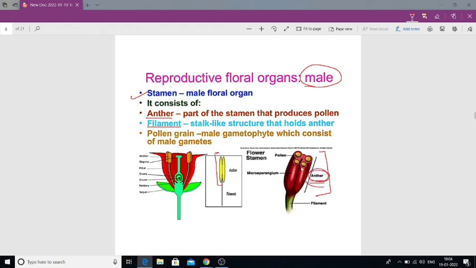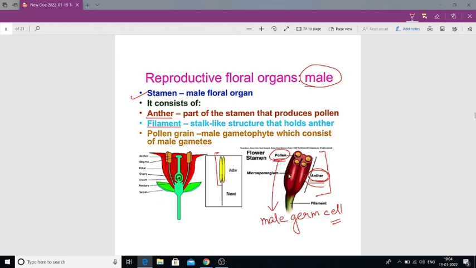Inside this anther, all the pollen grains are present. Pollen grain is actually the male germ cell. Sometimes they can ask the question, what is the male germ cell of the stamen in the flowering plant or in the angiosperm? You should say it is the pollen grain, which is present in the anther.